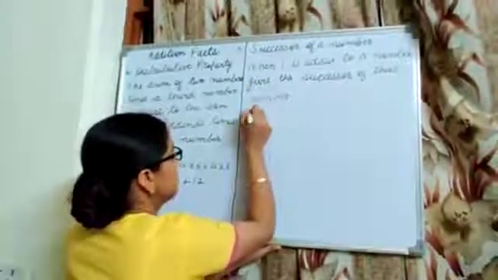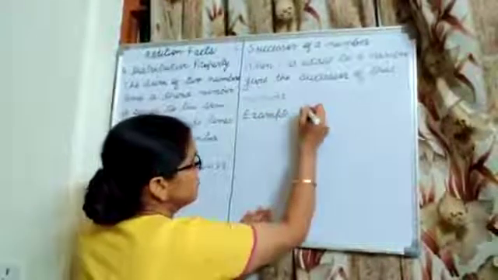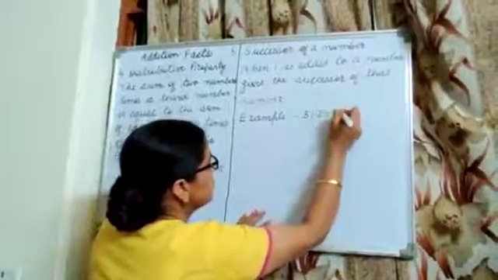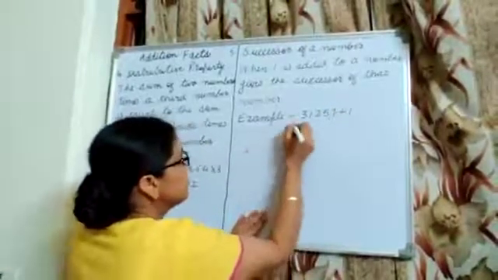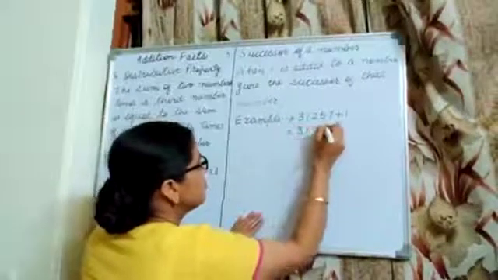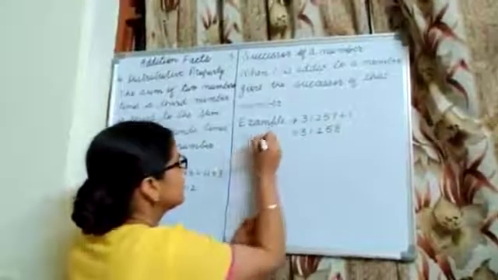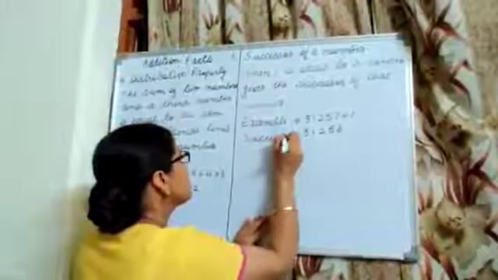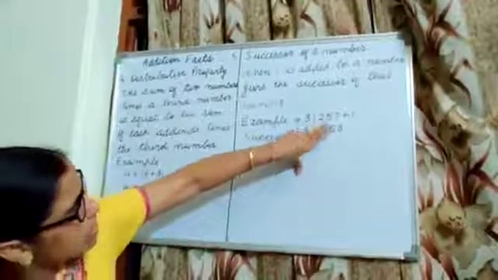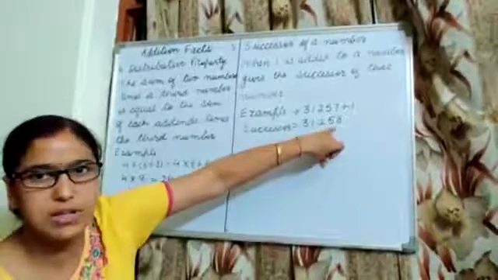Example. 31,257 plus 1, then we have got 31,258.